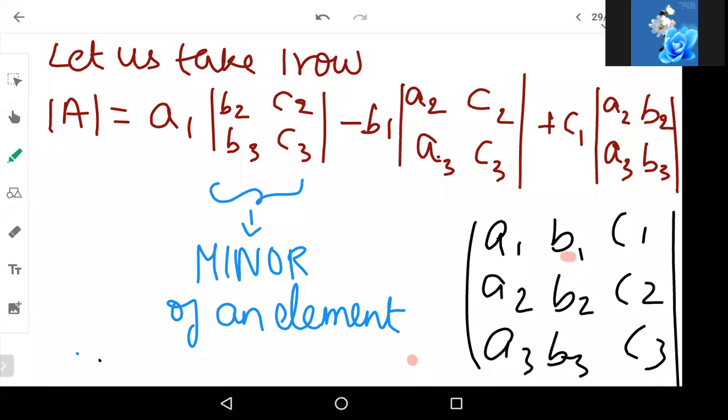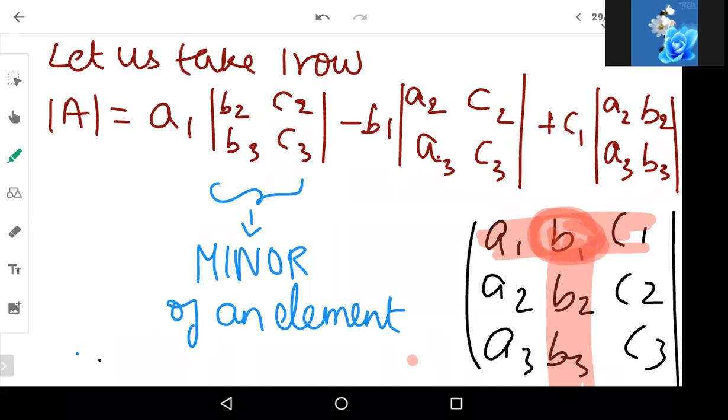This is the main coefficient that we will be considering for the second one. So since you are considering the element in the first row, remove that first row and the second column. Why second column? Because I have chosen B1, which is part of the second column.